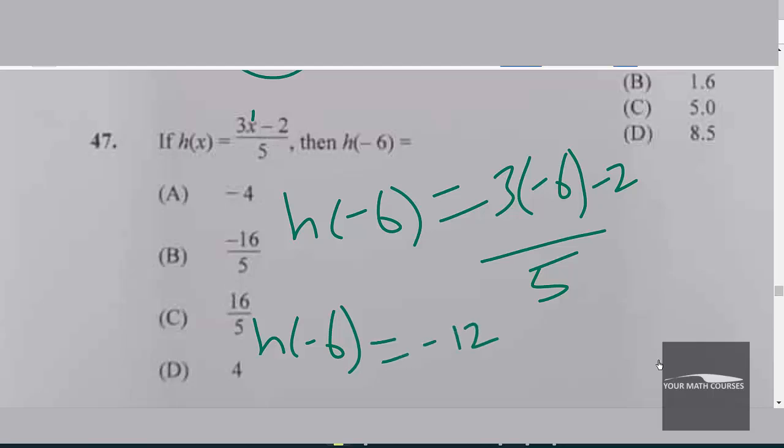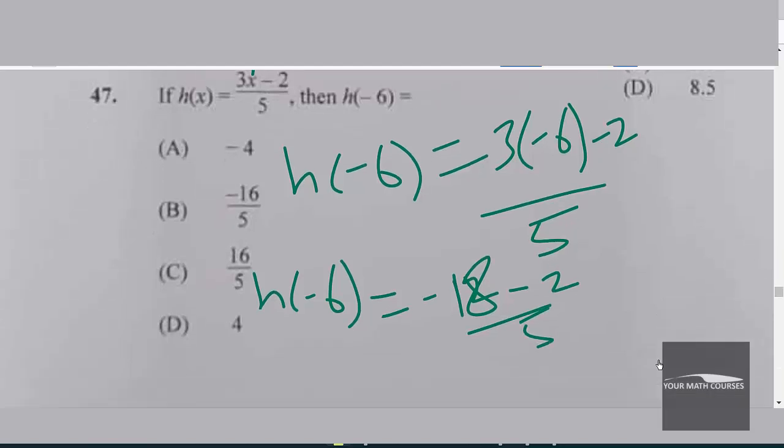Negative 12 minus 2, negative 14... So negative 18 minus 2 over 5. So this will be equal to negative 20 over 5, and that is equal to negative 4. So the answer is option A.